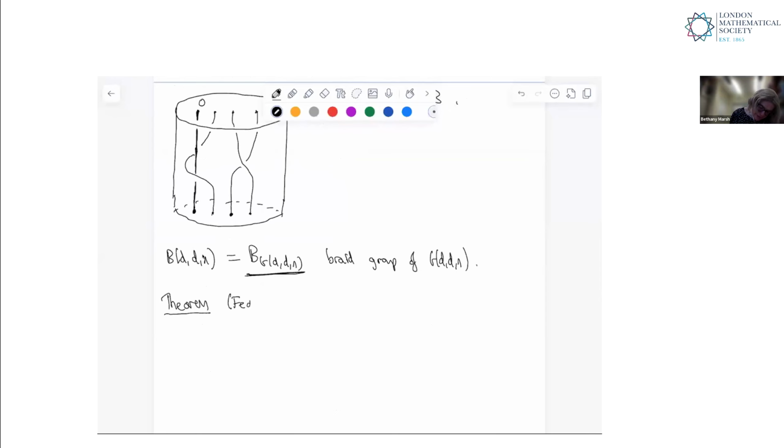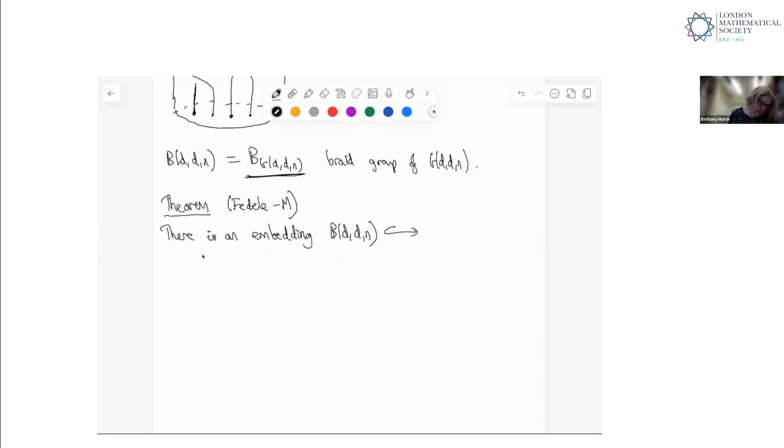Okay, so the first theorem I'd like to mention is there is an embedding of the braid group of the complex reflection group into this braid group of the orbifold.